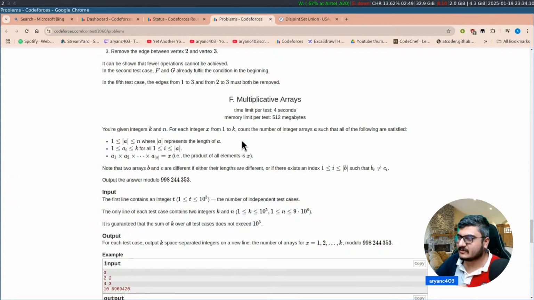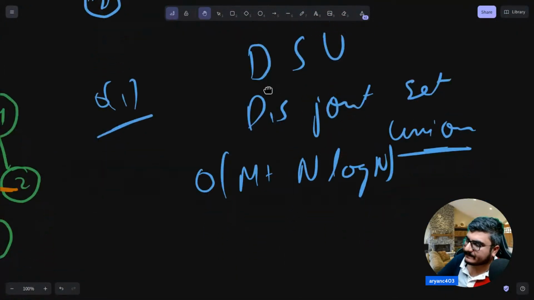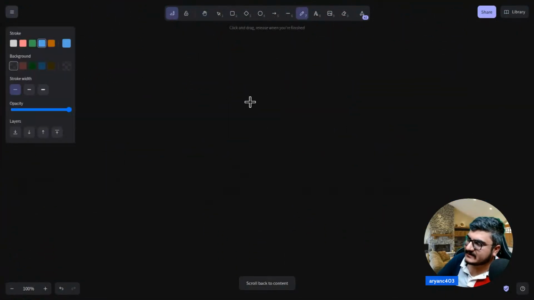So the first observation was to notice that x is between 1 to k. So all of these numbers would definitely be between 1 and k only. But n is an annoying problem here, n is up to 10 to the power 8. Let's say n is up to 50, 60, something like that. What will you do? Basically, we have been given a number k and n.